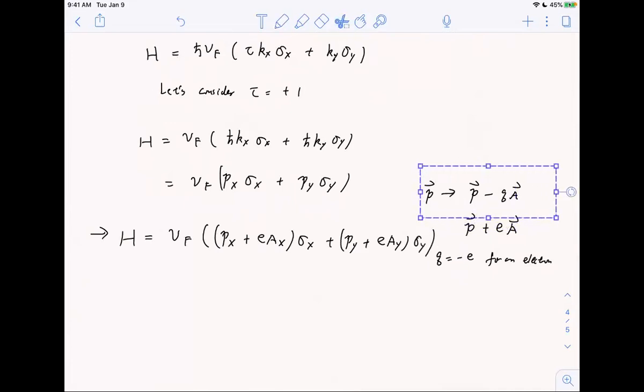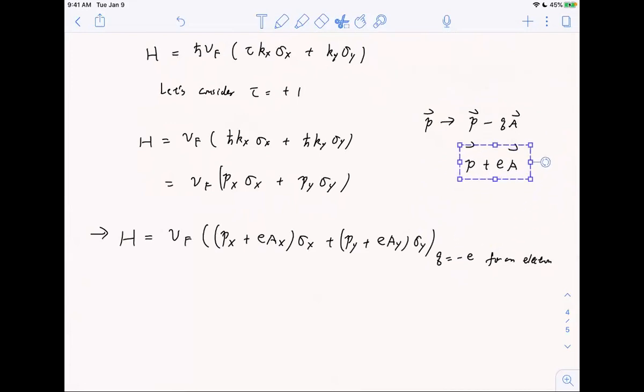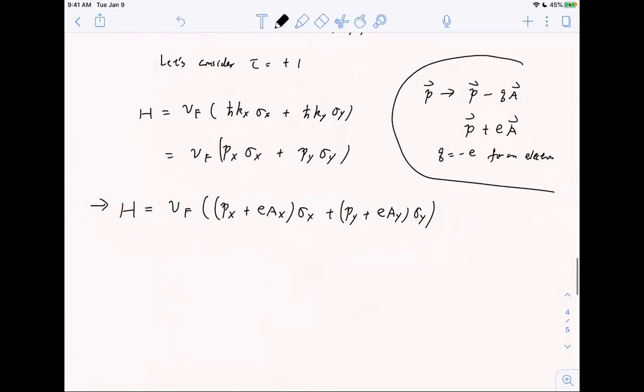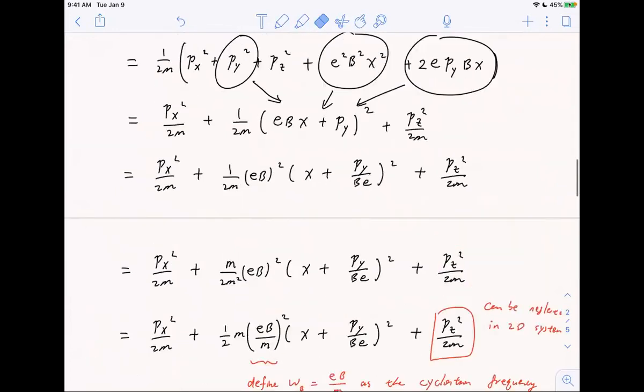Let me move this. Okay, so let's write it out. This will be 0, px plus... let's simplify first. Let's go to the Landau gauge.